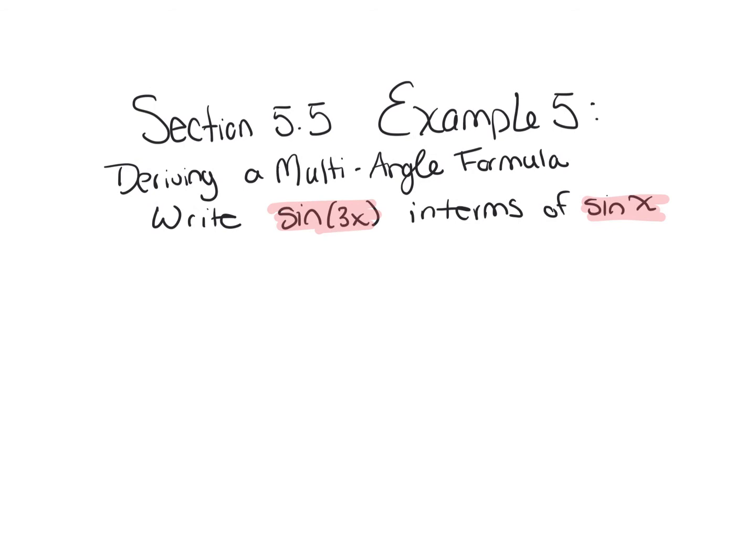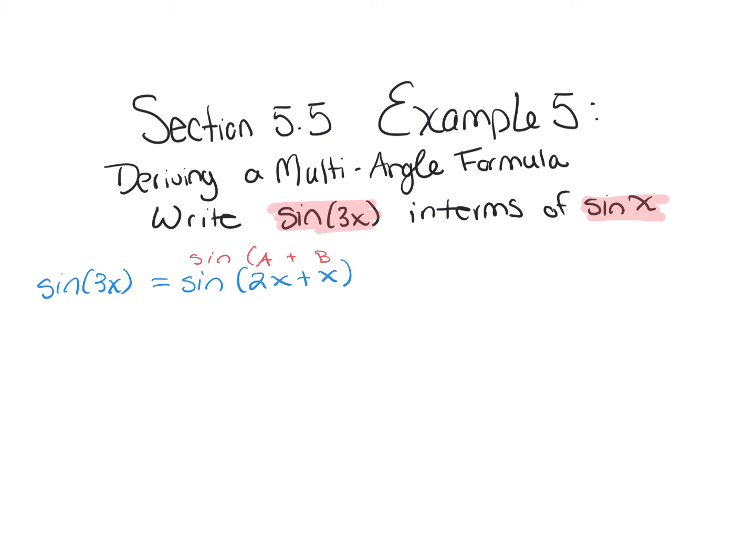Okay, so let's rewrite sine of 3x. We can rewrite it as sine of 2x plus x. Now I can apply a sum and difference formula from section 5.5, where this is a and this is b.